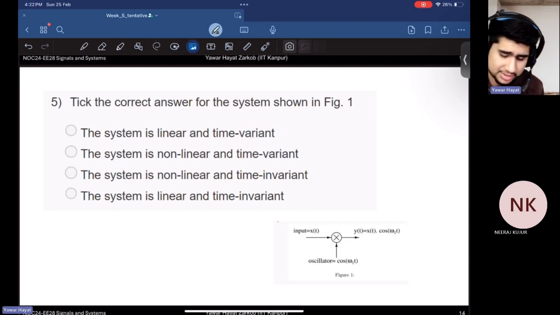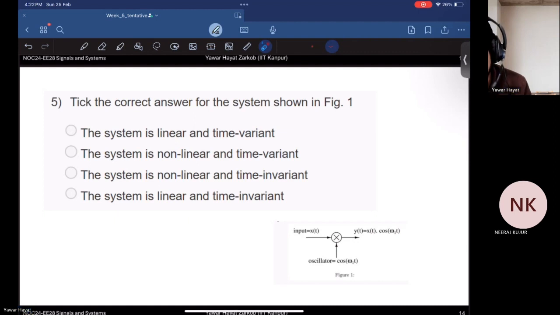First of all, what is a time invariant system? If we change the point of application of input in time, the output should also change accordingly. See, since in this one we have a time dependent part, cos of omega 1 t, we have this time dependent part in the output.